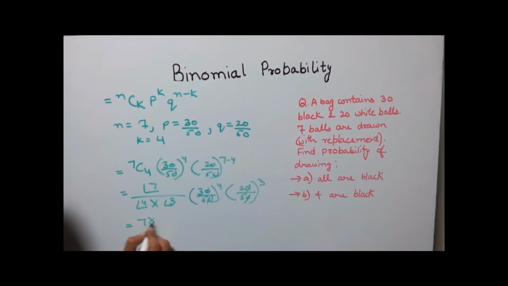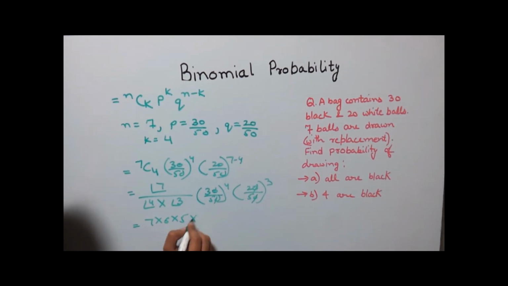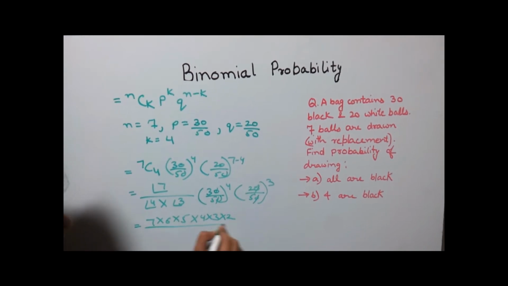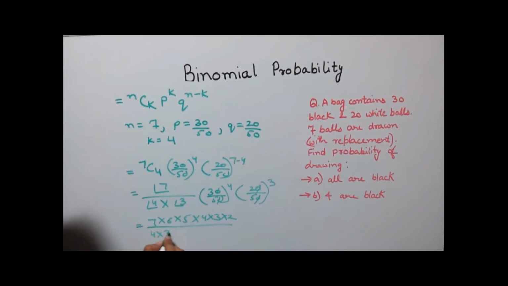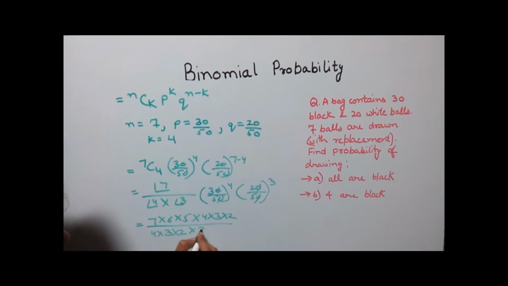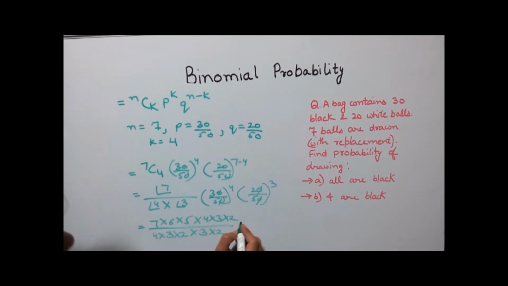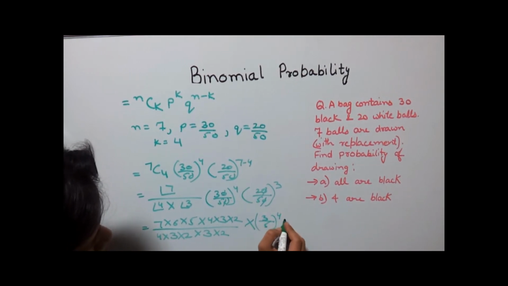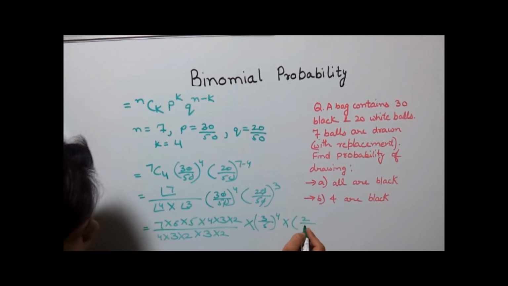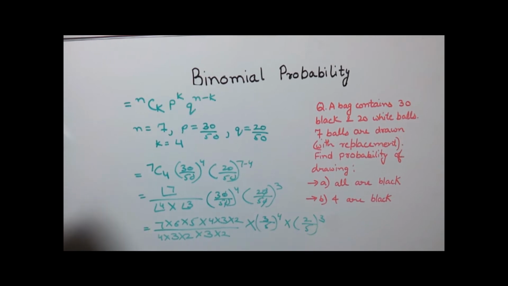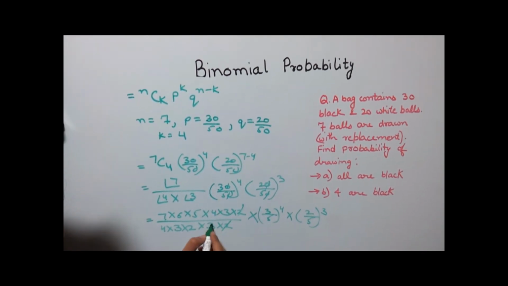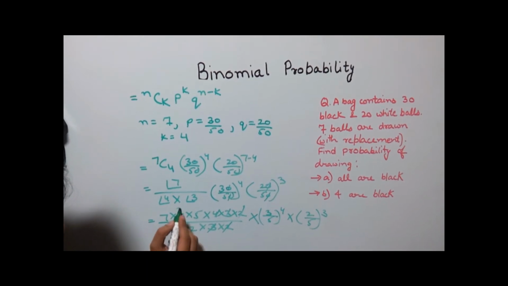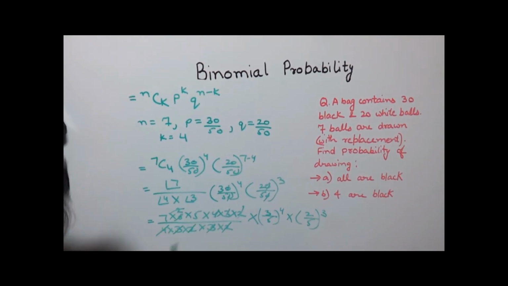This gives us 7 into 6 into 5 into 4 into 3 into 2 divided by 4 into 3 into 2 into 3 into 2, into 3 by 5 to the power 4 into 2 divided by 5 to the power 3. 2 cancels, 3 cancels, 4 cancels, 3 divided by 6, 2 cancels.